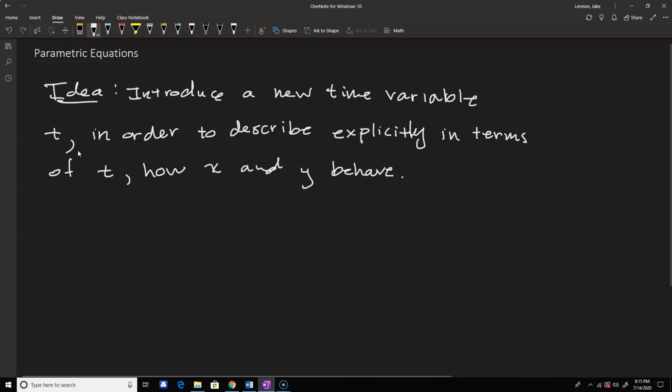So essentially what you're going to have, if you had some equation y equals f of x, now what we want to do is explain it in terms of two functions of each variable, x of t and y of t.